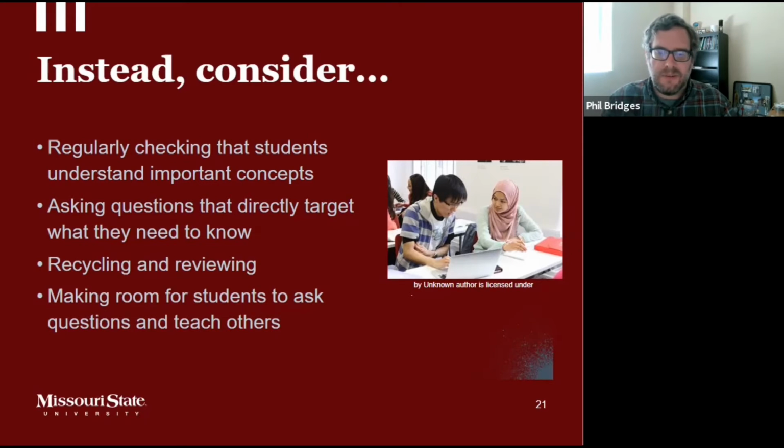Other things we can do, instead of just repeating the same information in the same way, we can recycle concepts and content, and we can review. By recycling, I mean, if we teach some vocabulary words or we introduce some information, then maybe later on in the lesson or in the next lesson, instead of introducing new content and new information, we're using that information from yesterday.